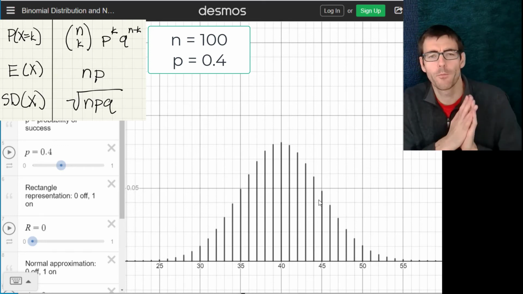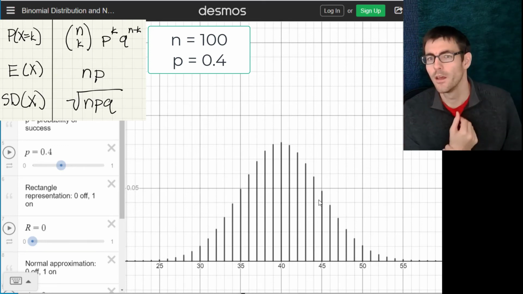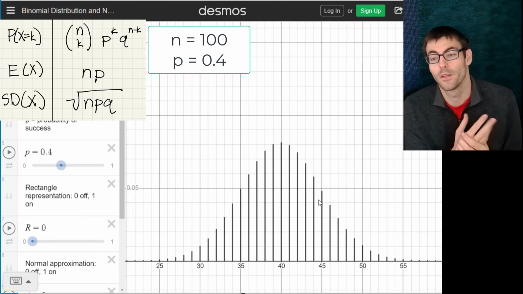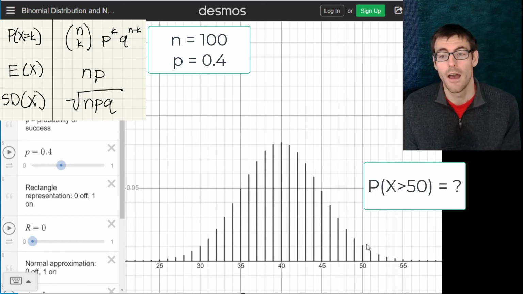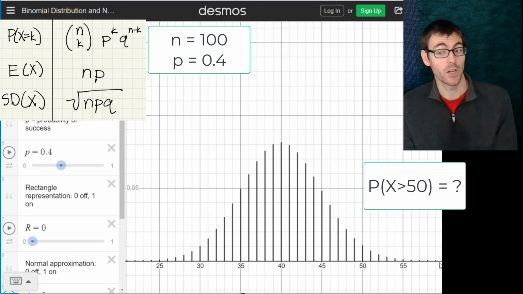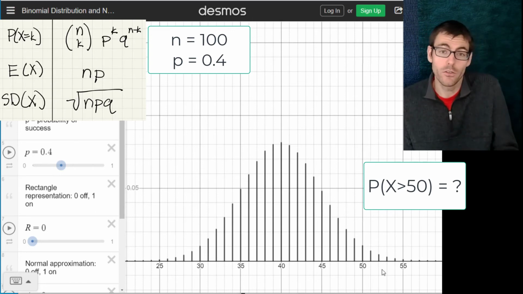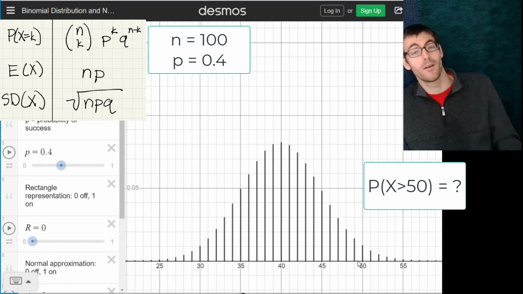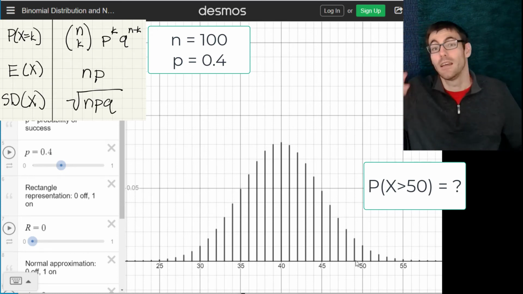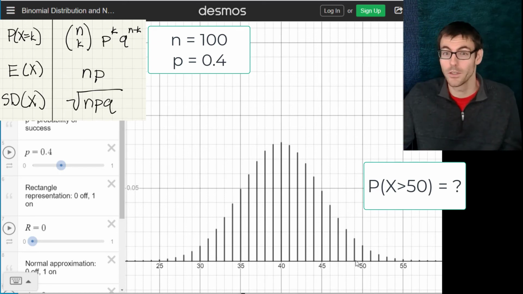Okay, so the problem with applying this formula for some more generic questions is that if I asked, all right, what's the probability that I make more than half of my shots, so more than 50%, well, I could use this to find the probability of making 51 plus the probability of making 52, etc., but I have to go all the way up to 100.